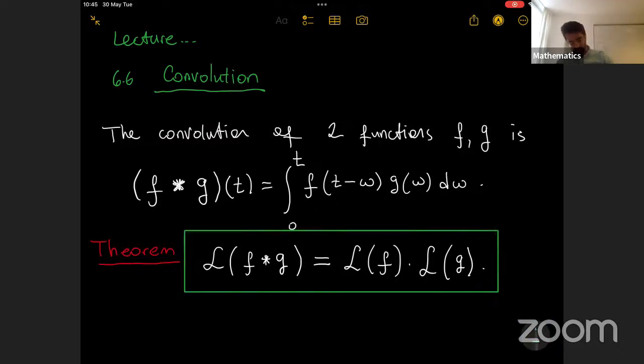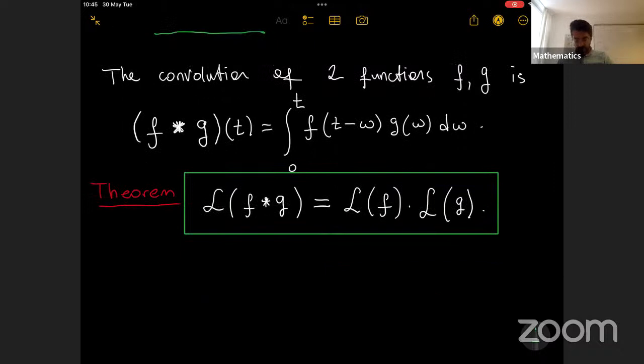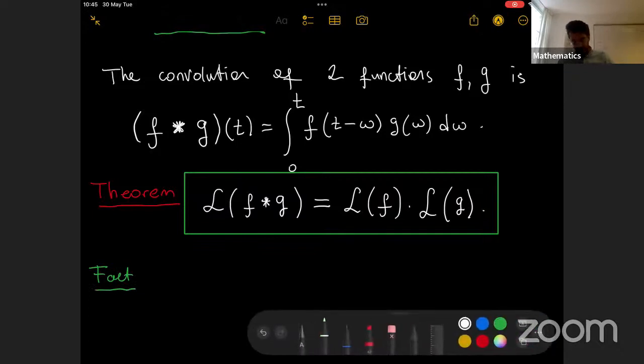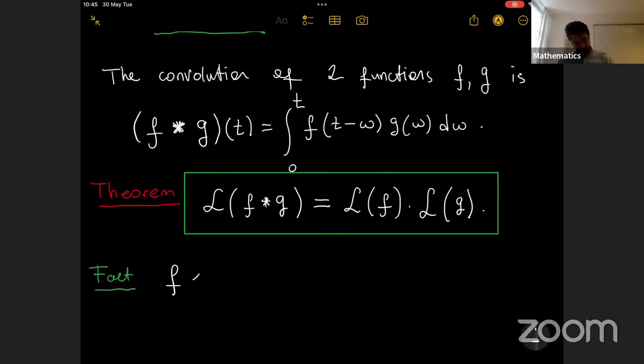And in fact, you can easily check that f convolution g is the same as g convolution f. So you can switch the order in the convolution, and nothing will change.